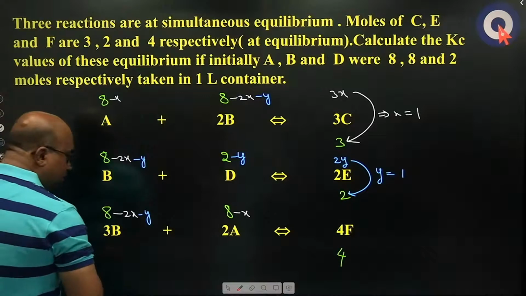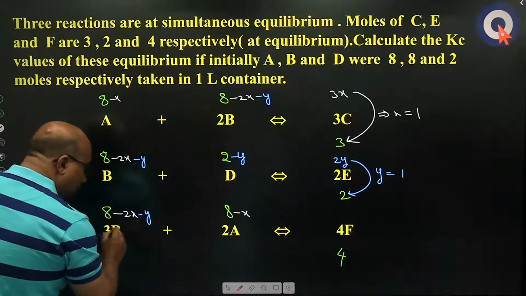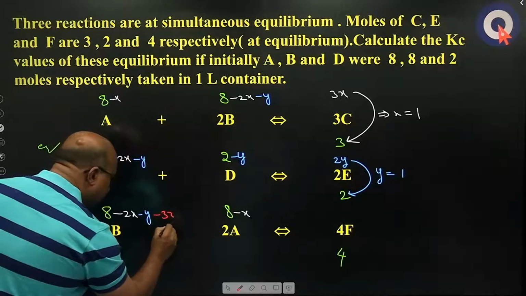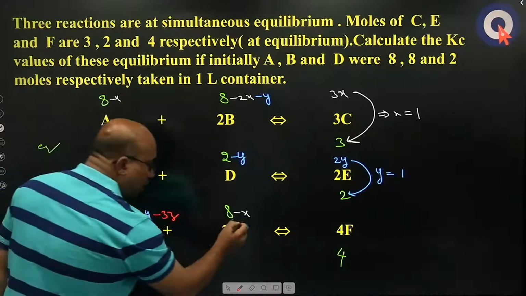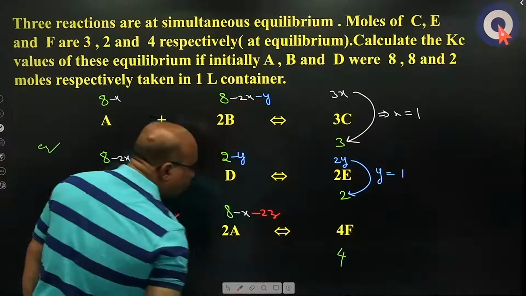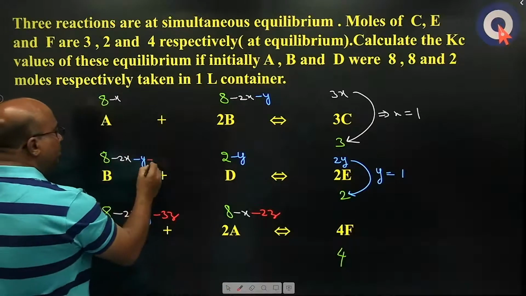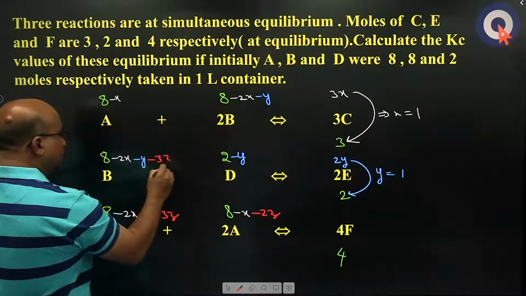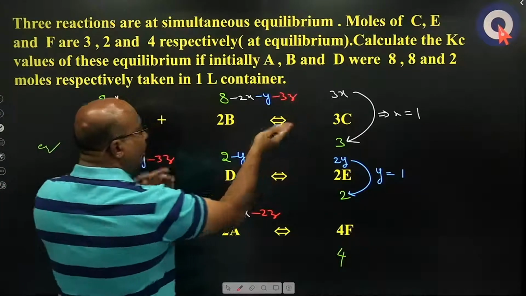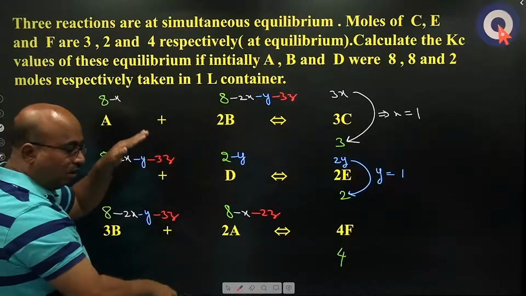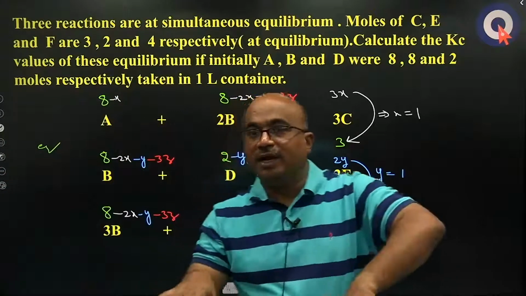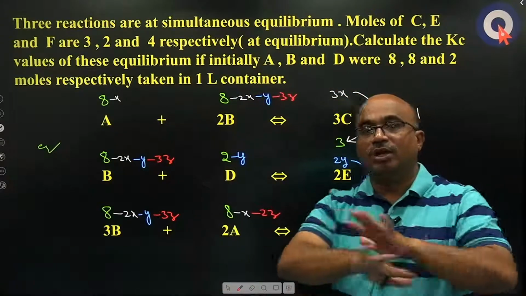Let us say a 3 and 2 ratio, so it is 3Z. Here again it should be 3, 2Z. So you can change immediately: this is nothing but 3Z of B, and this is also 3Z. So your X, Y, Z are all variables. They get adjusted with one another to maintain all three equilibria simultaneously.